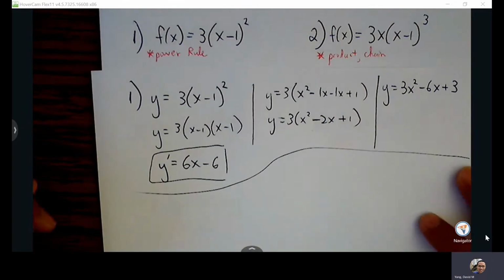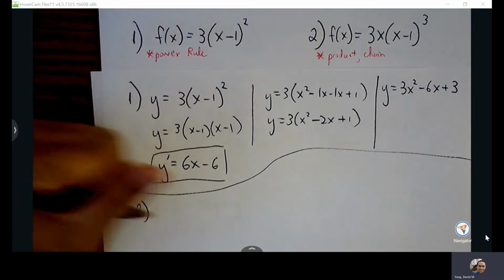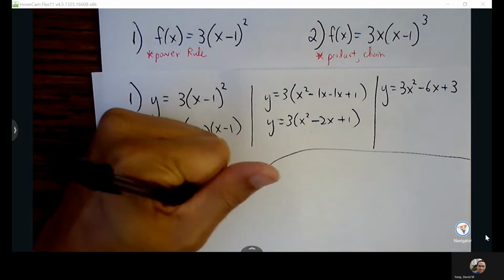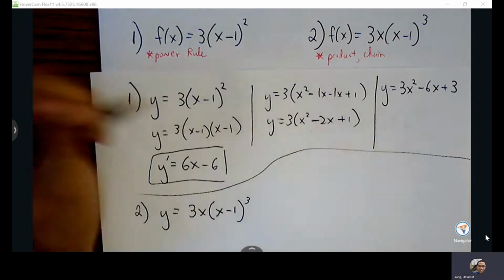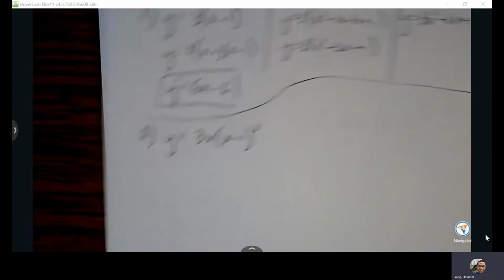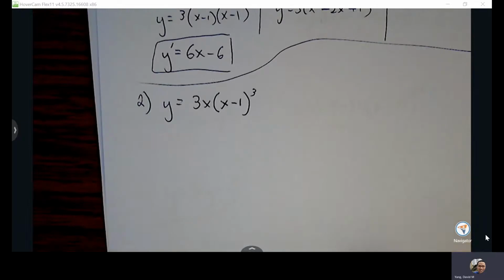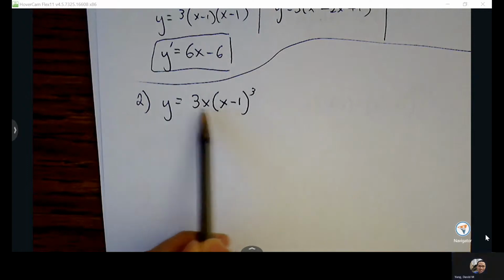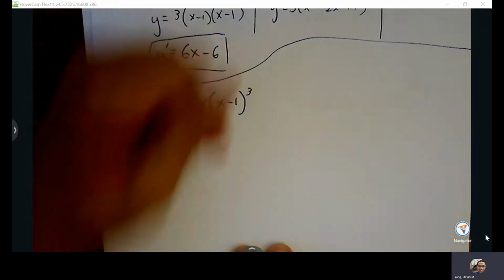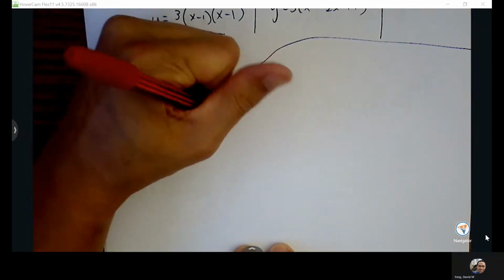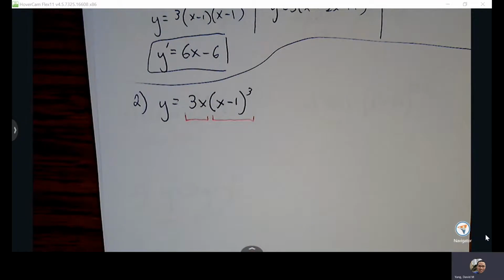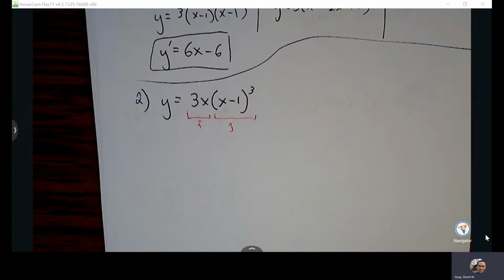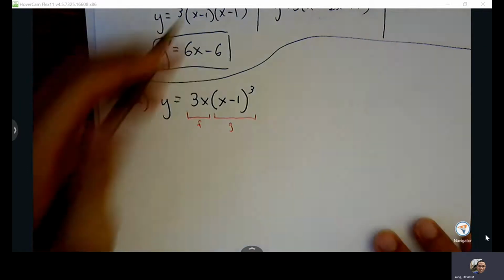y equals 3x times x minus 1 cubed. Okay, we talked about the need for product and chain. So there's my product there. f prime g plus f g prime.